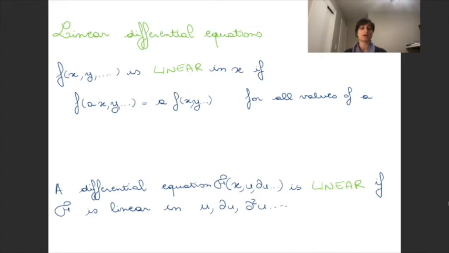If that happens, we call it linear. So you can imagine that when we talk about linear differential equations, it means that our differential equation, which we denote by capital F, is linear with respect to u and all its derivatives. We don't care about it being linear with respect to x, only with respect to u and its derivatives. If that happens, we talk about a linear differential equation.